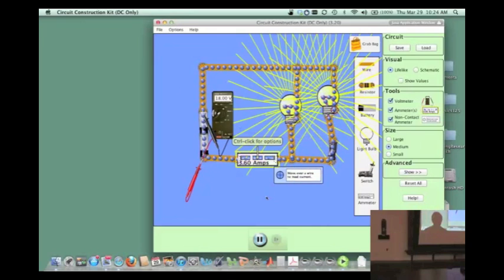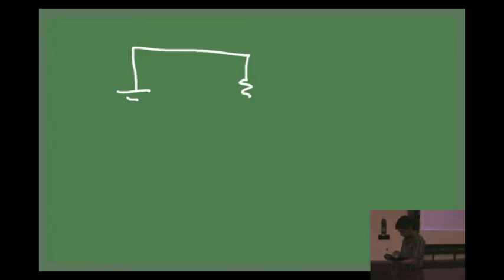Alright, so let's do the math for this circuit and figure out the general equation for the resistance of the equivalent resistor, the resistor that would do the same job as the two resistors connected in parallel. My circuit has the battery and one resistor here and the other one connected here.